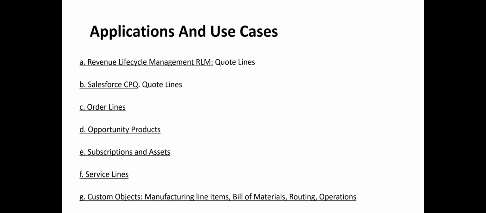There are several more, but we would be producing additional videos and content for how you would visualize this in the context of revenue lifecycle management. Today, we are going to see in the context of Salesforce CPQ. You could do this for order lines, opportunity products, subscription and assets, service lines, or custom objects.